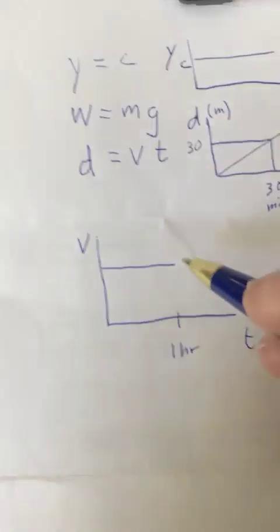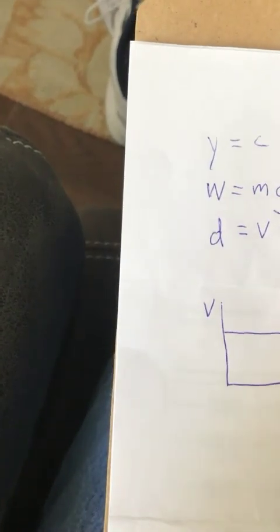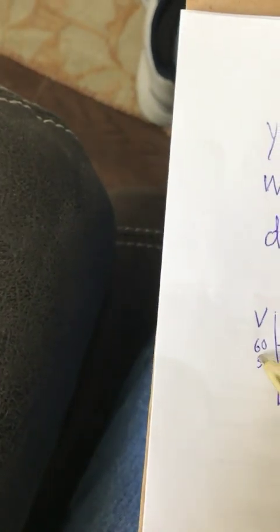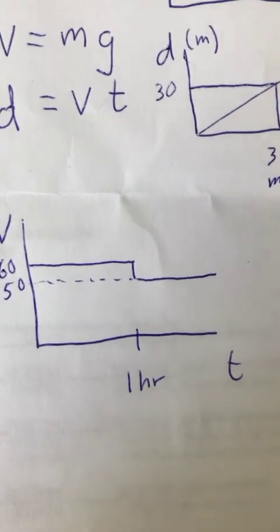Let's say suddenly at an hour, the driver slams on the brakes and starts going 50. So if this was 60 miles an hour, here now, if I look over here, it's going to be 50 miles an hour. He suddenly jams on the brakes.